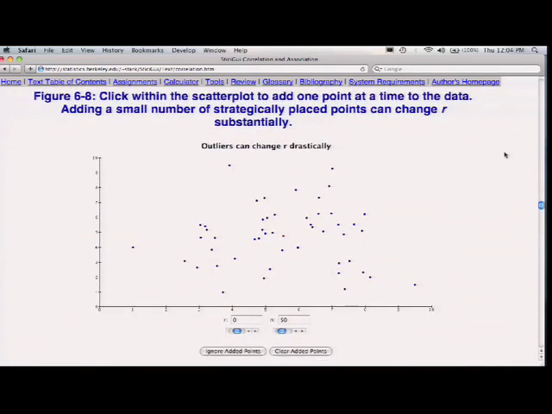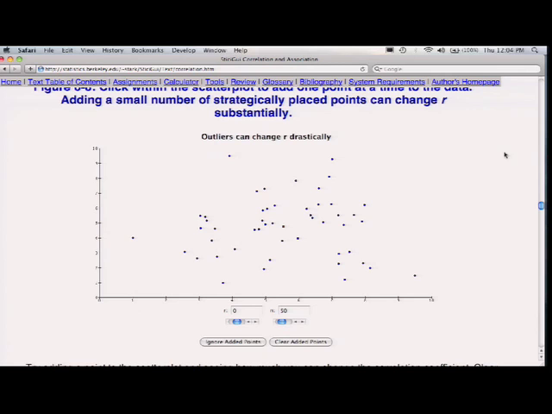Now this is a little tool to play around and see. By clicking, you can add a point and see what its influence on r is. Suppose I want to make r big and positive. Where should I add points? I can add points up here, or I can add points down here, right?